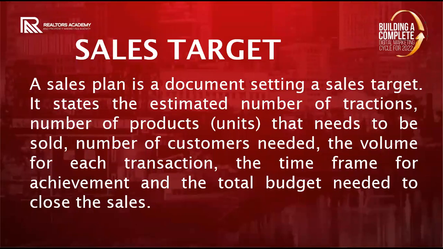Or you might set a sales target to say, I need just 100 customers. What that means is I will make sure each customer is able to buy an average of 2 plots, or 2 units, for me to achieve my sales target of selling 200 plots, right? So which of them do you have?